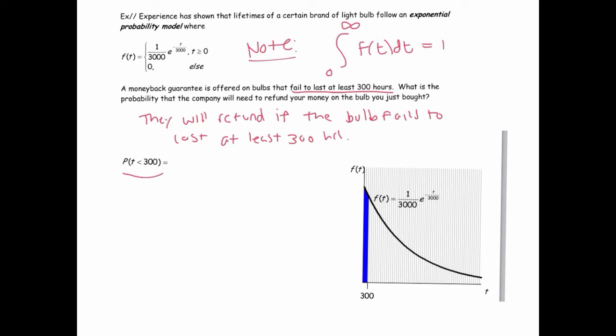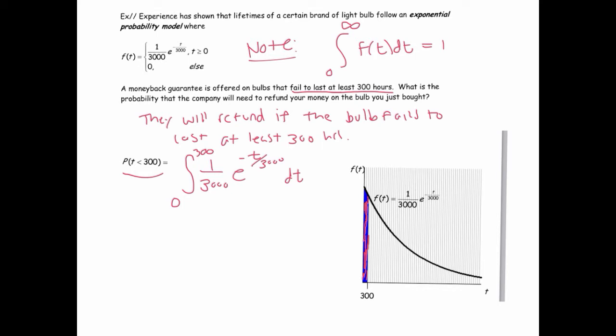So we take our probability density function, put it in our integral, and integrate from 0 all the way up to 300. If you look at our picture, this blue area is going to give us that probability.